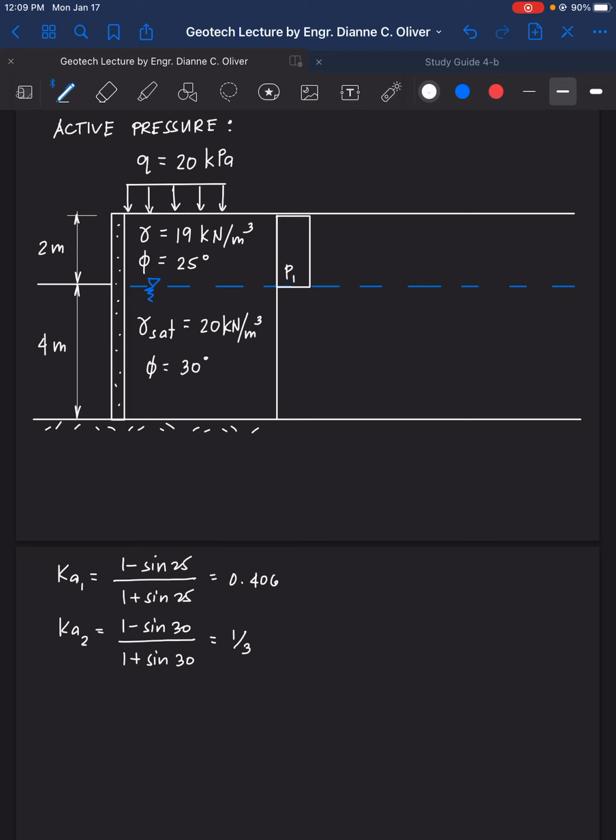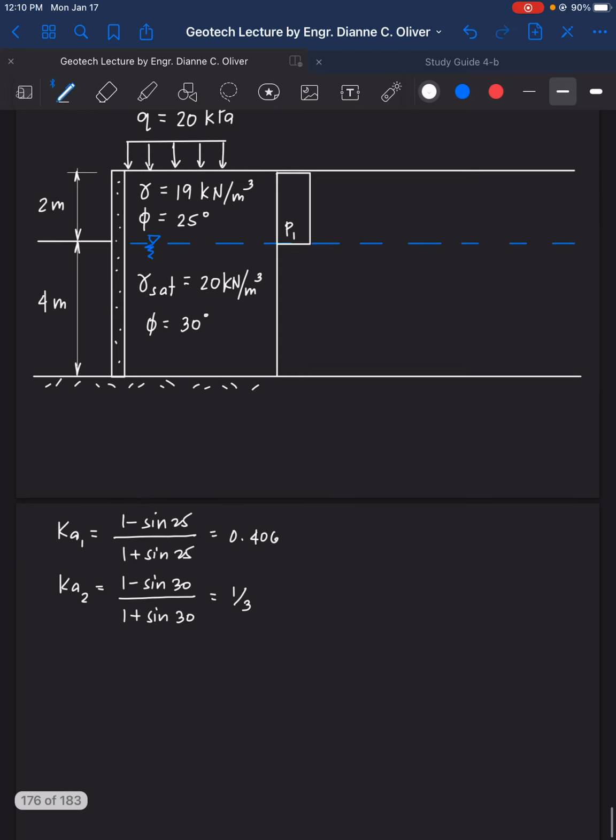P sub 1 is equal to K active 1 times the surcharge. So K active 0.406 times the surcharge, which is 20. It is equal to 8.12 kilopascal.